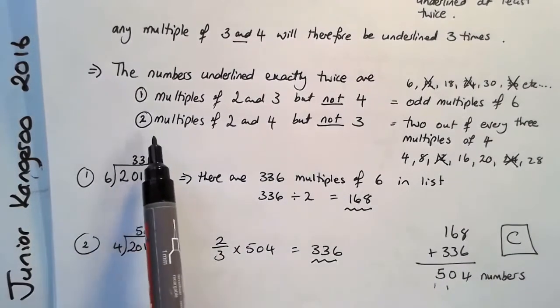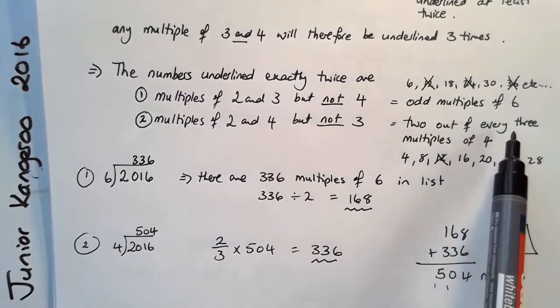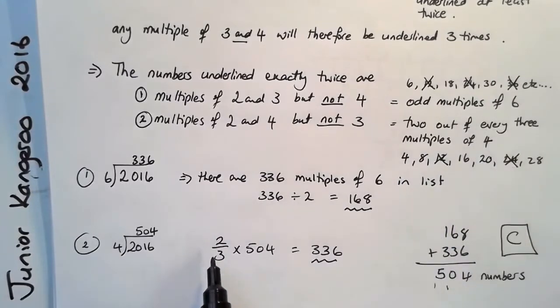And then to make this statement 2 work, we've got 2016 divided by 4, which gives us 504, but we want 2 out of every 3, which means that we're looking at 2/3 of 504, which when you work that through is 336. So we add those 2 together to get 504 numbers.